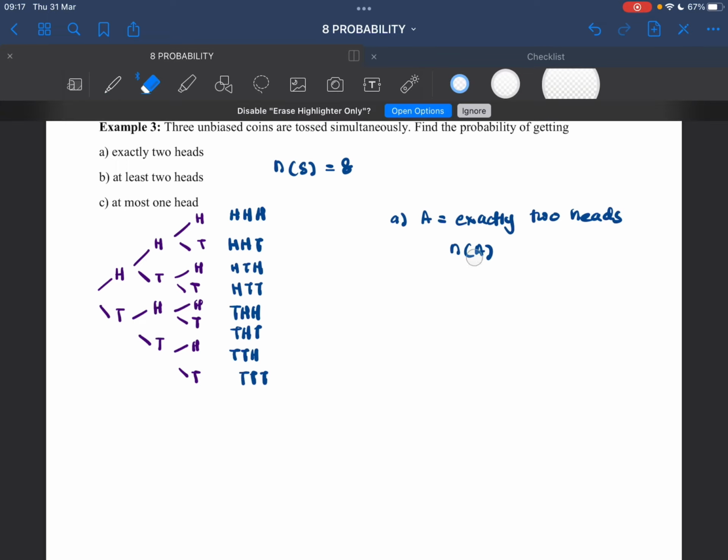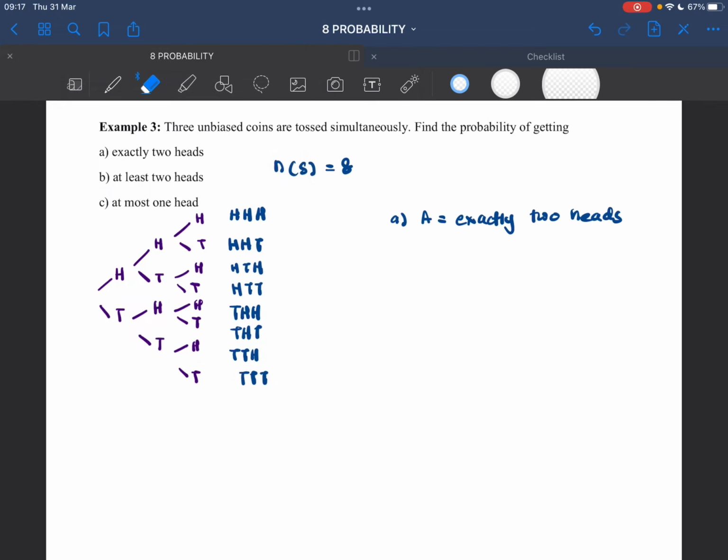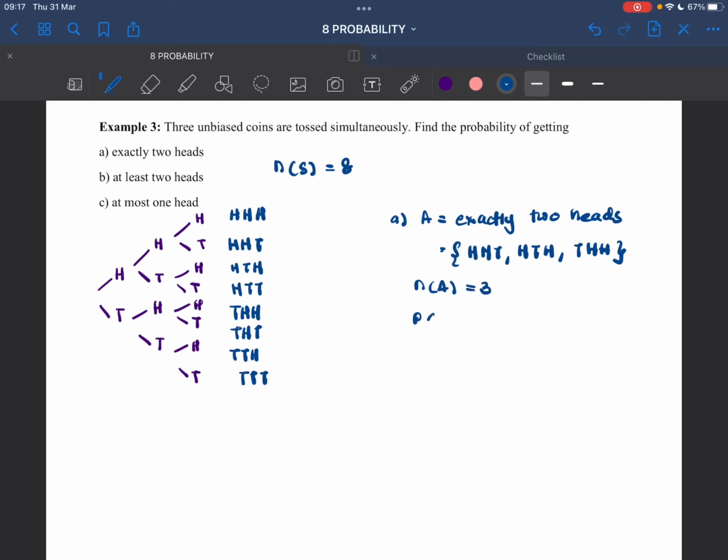Let's just list down. Here we have H, H, T, H, T, H, T, H, H, which is 3. So the number of the event is equal to 3. So to find the probability, P(A) is equal to 3 over the sample space, which is 8.